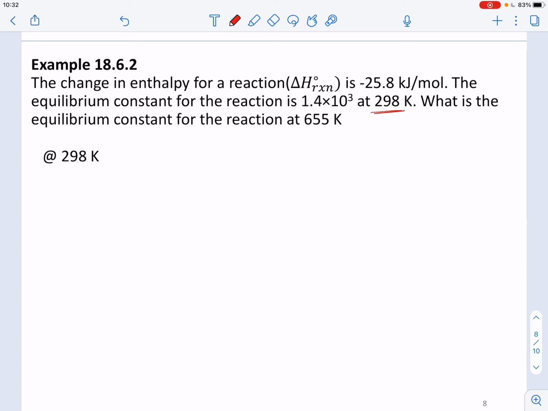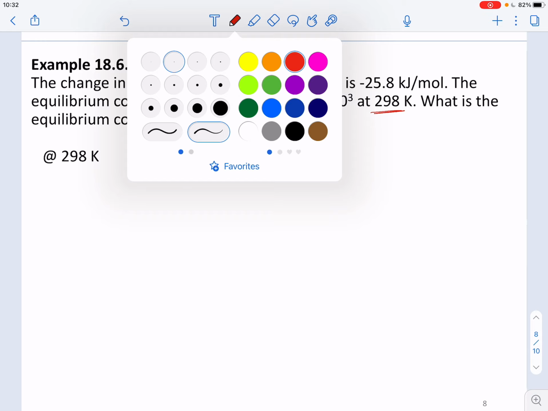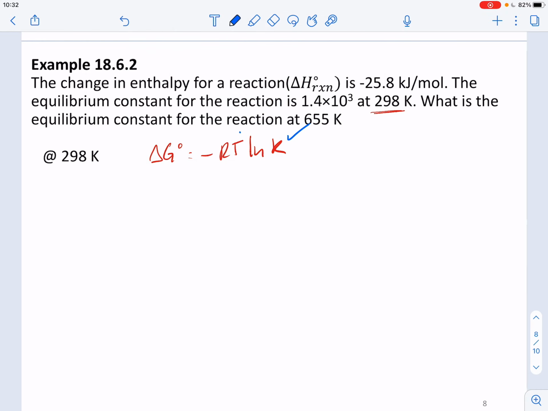So the first one that you might think of, because that's what we've been talking about in this section, is delta G equals minus RT logarithm of K. So we have K, we have the temperature, which is 298, and from there you can calculate delta G, no problem at all.